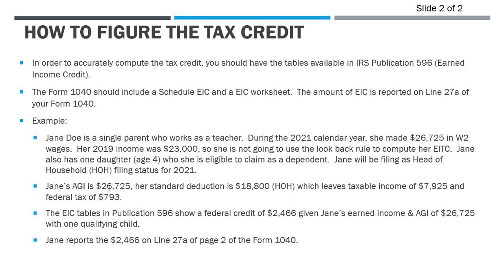Now, Jane's tax return, when we take a look at it, we'll see that her AGI is $26,725. She gets a standard deduction of $18,800, and that's because she's filing as head of household. And so her taxable income is going to be $7,925. Okay. Now, let's have a look at the tax return, and then we'll take a look at the earned income credit worksheet and then go over the tables.